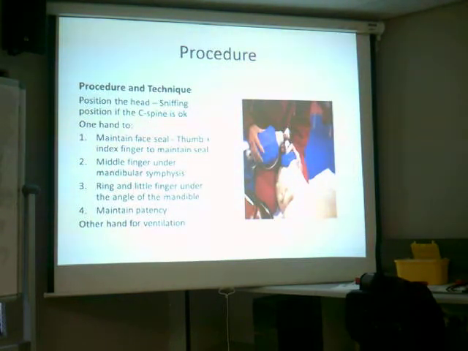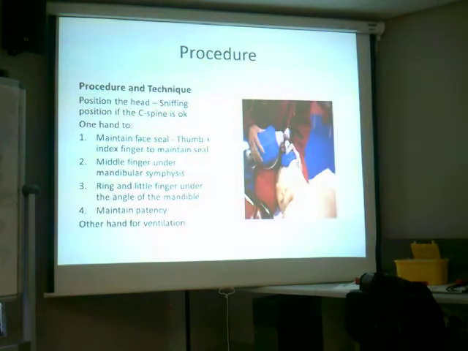When you look at my hand, it forms a C and an E. The C part is to have control over the mask, and the E part is to keep the patient's neck and mandible in that sniffing position.